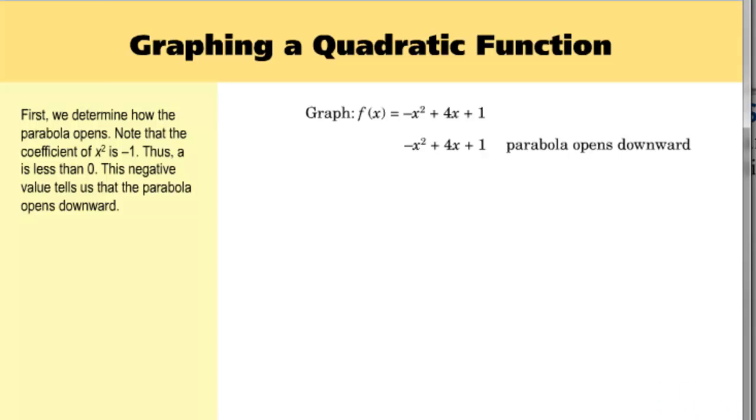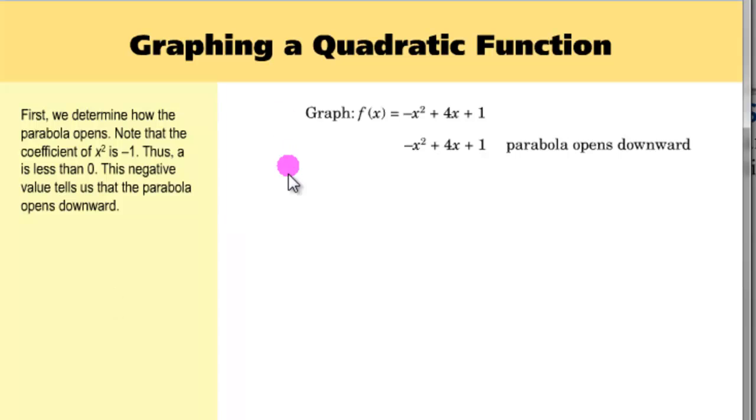Okay, so this is important because one of the questions that I've gotten in the past is how do we figure out if a parabola has a maximum or a minimum point? And this animation has already talked about how the coefficient of the x squared term, which you can see in this example, is negative 1. See how you have a negative x squared plus 4x plus 1?